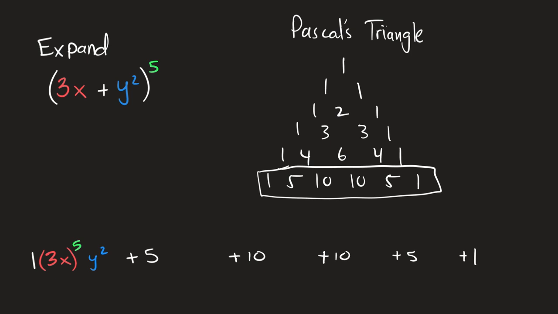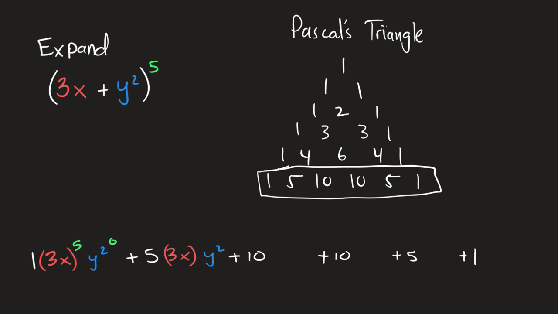Then we have, I pause here because maybe I'll make this green to talk about that exponent and what's happening with that. So on the next term, we have the 3x. So this is times 3x and a y to the second. But the x terms are declining in value.